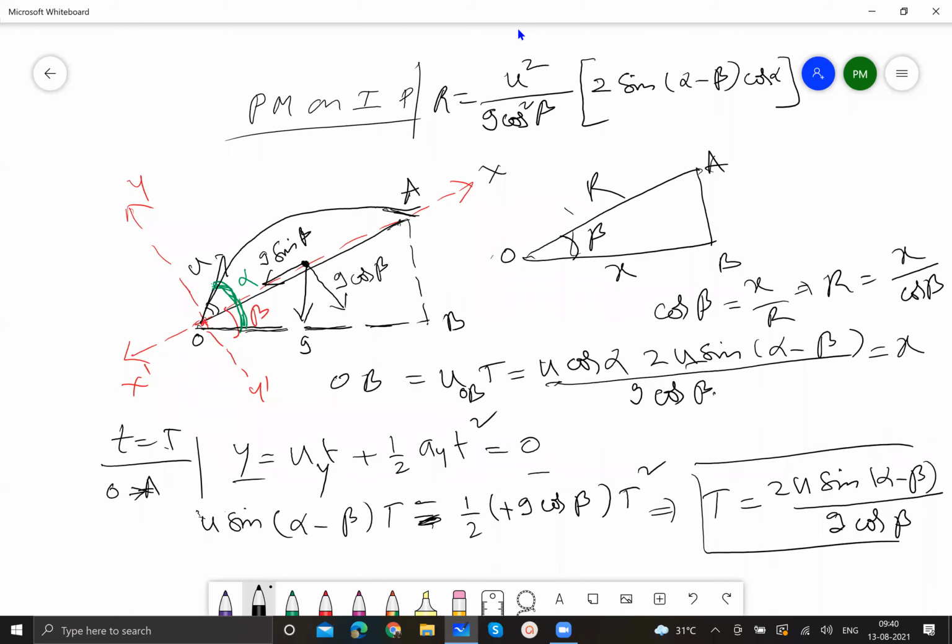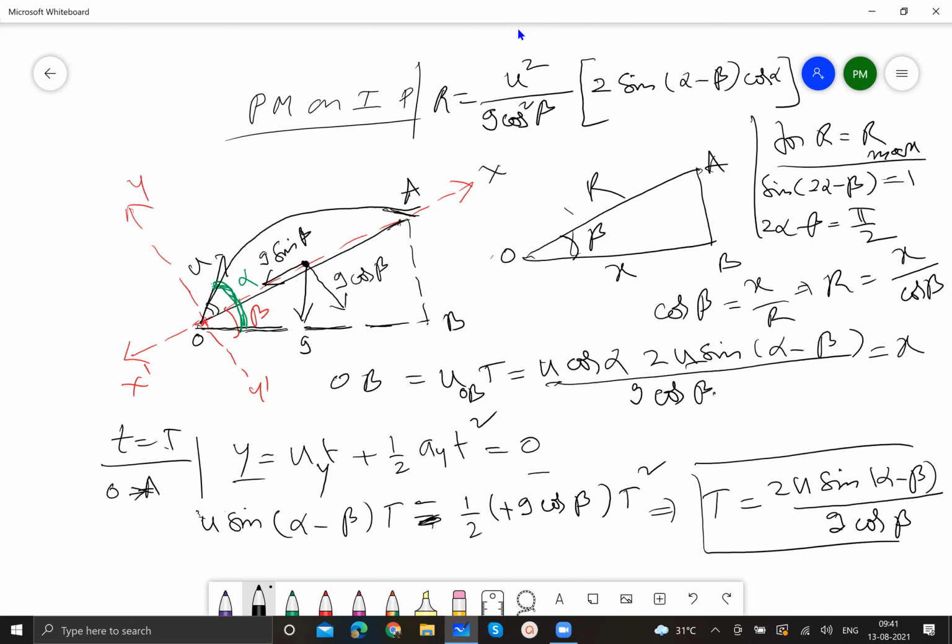And for R equal to R maximum, sin of (2 alpha minus beta) should be equal to 1. So 2 alpha minus beta should be 90 degrees.